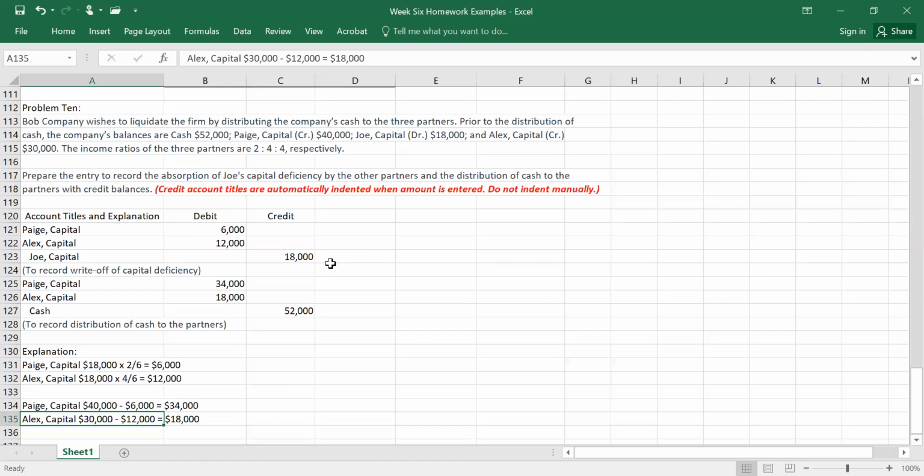For Alex, we had 30,000, which is right here. And we're going to subtract that 12,000. So 30,000 minus 12,000 is 18,000. So we're debiting Paige capital for 34,000, debiting Alex capital for 18,000, and crediting cash for the 52,000, which is the amount of cash that there was to distribute.